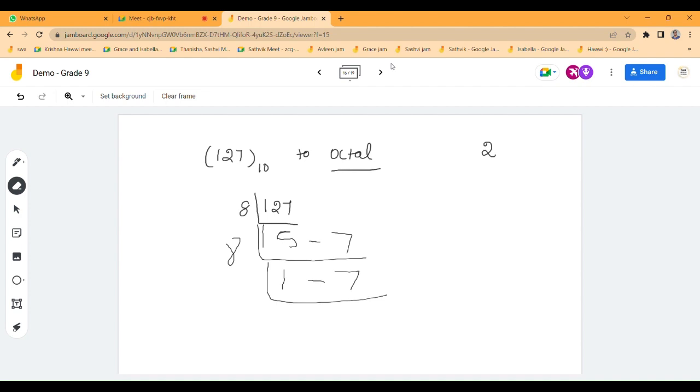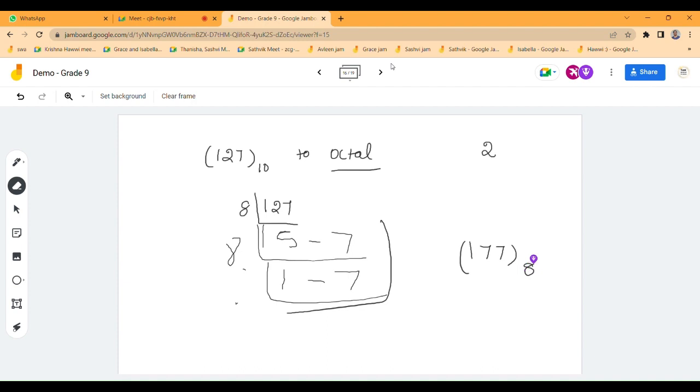As usual, bottom to top you have to write. So the answer will be 177 base 8.